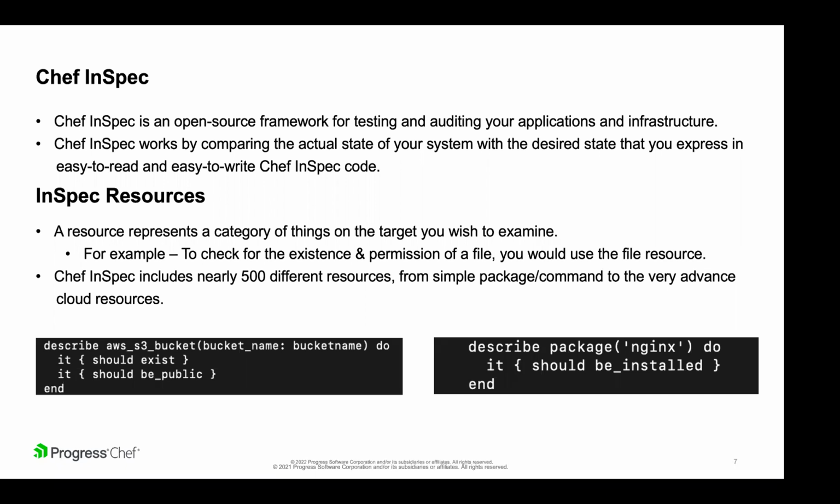The first one checks whether the AWS S3 bucket exists and if it's public or not. The second checks whether the package Nginx has been installed on your server. So that's what a Chef InSpec resource does. It compares the actual state with the desired state of the system.